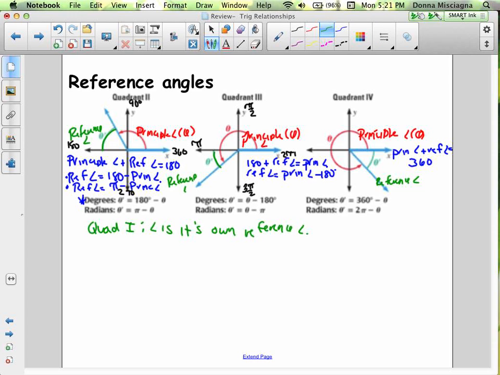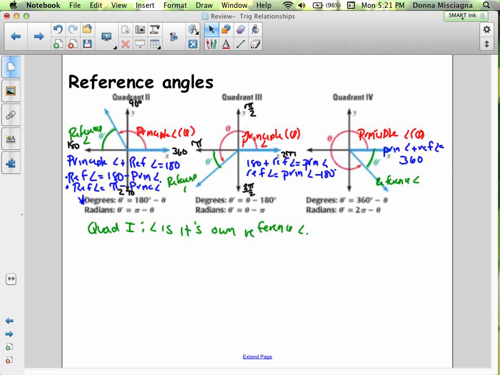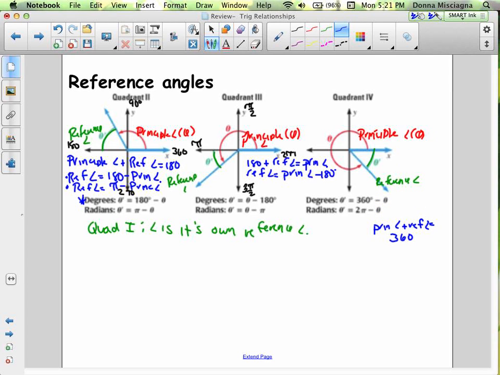Our reference angle is just from the terminal side of that angle back to the x-axis, and this time it's the positive x-axis. Together they add up to 360 degrees, so if we take 360 degrees and subtract the principal angle, we'll have the reference angle.